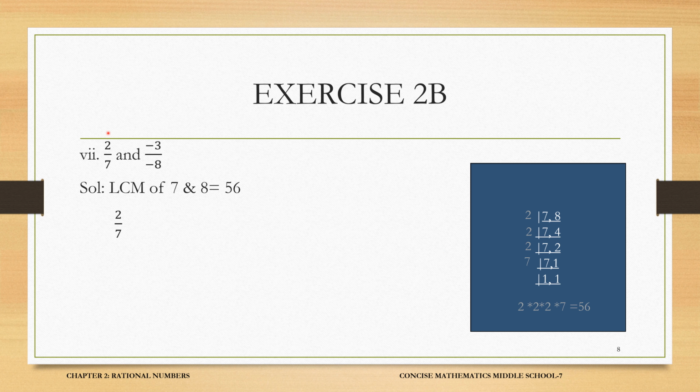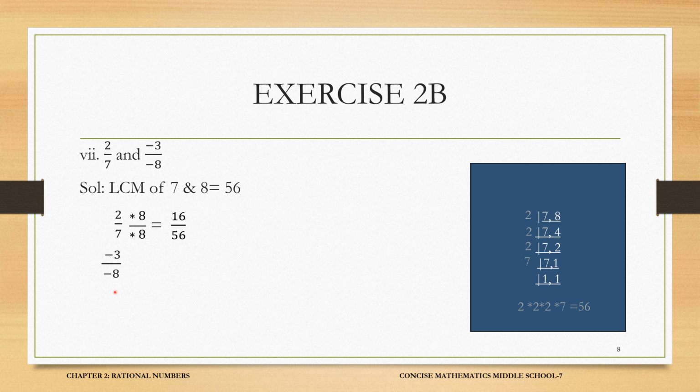Just write down the first rational number and you need to make the denominator 7 into 56. So which number should be multiplied with 7 to make it 56? It should be multiplied with 8. That is 8 2s are 16, 7 8s are 56. Write down minus 3 by minus 8.